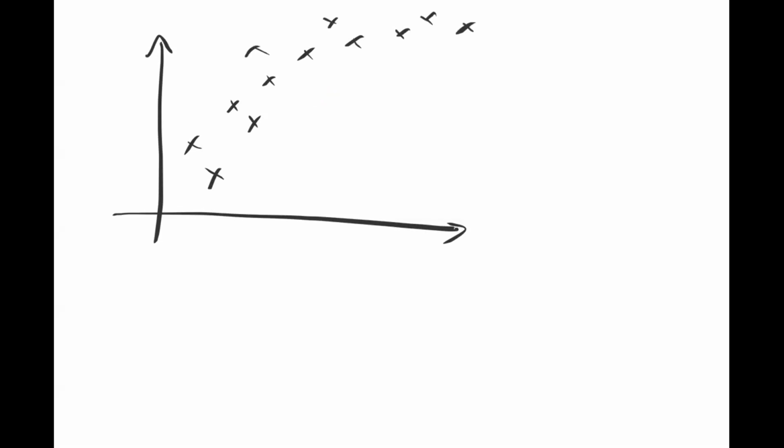You may have a line that looks like this, and the mean squared error is essentially looking at the sort of average difference between your line and the actual data points.